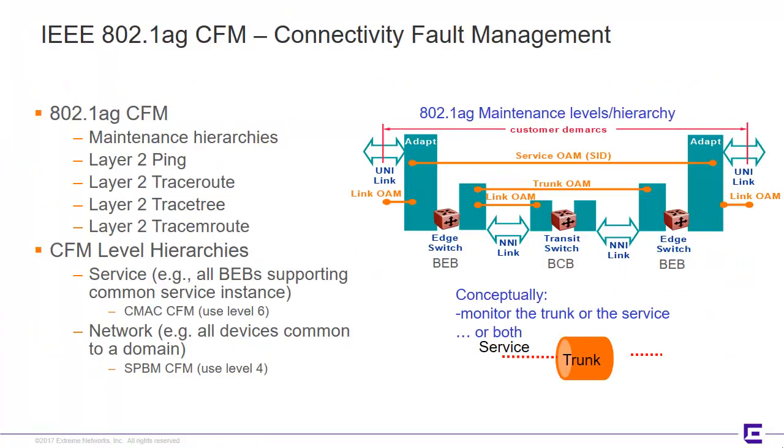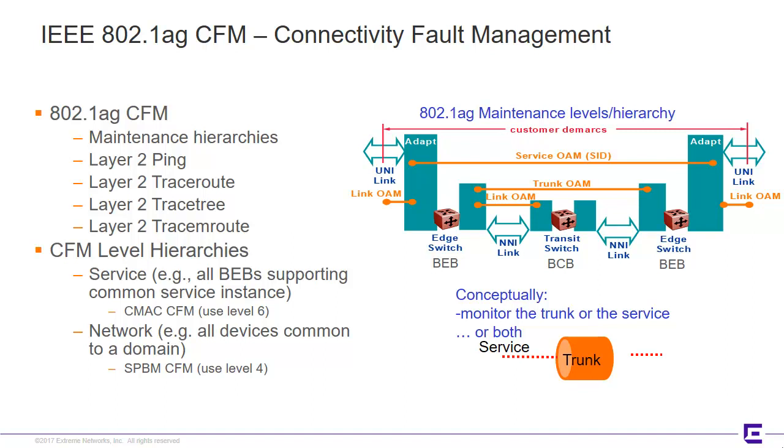So a little review, connectivity fault management is part of the IEEE standard, and it's defined as 802.1ag. And as we talked about in previous videos, it defines different maintenance hierarchies and different tools to be used within those maintenance hierarchies. We're going to be sticking primarily within the level of 4, which is the SPBM CFM.